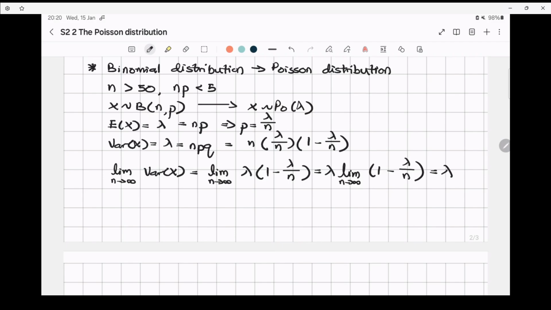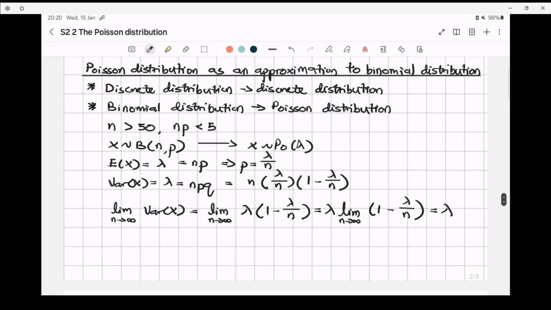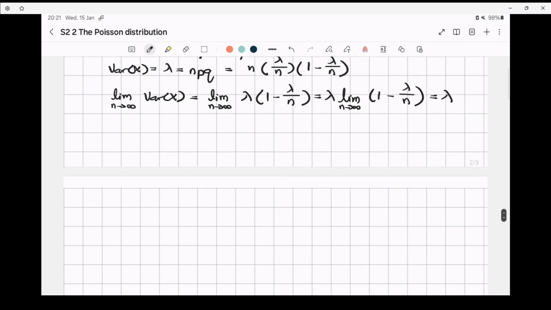Which is why when you want to approximate binomial distribution using Poisson distribution, your n has to be large, which in this case the guideline will be greater than 50, but your n multiplied with p has to be small, so that you can still approximate to lambda for your mean and your variance. So that's the reason why.